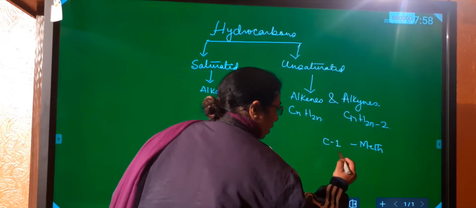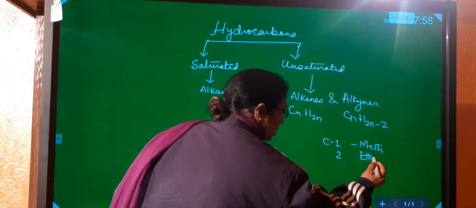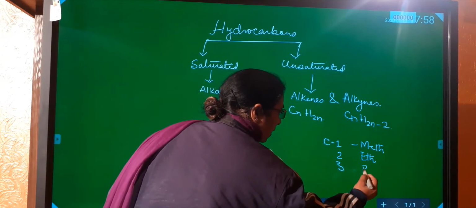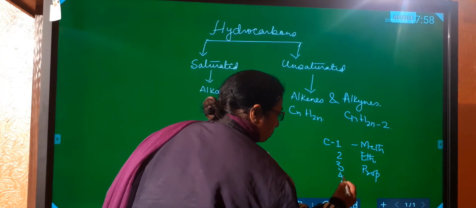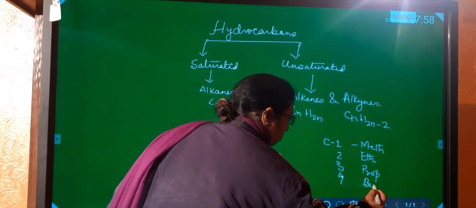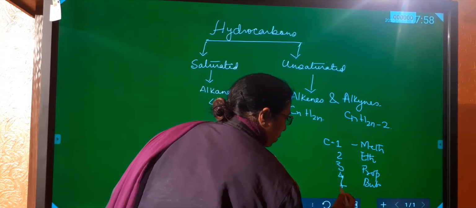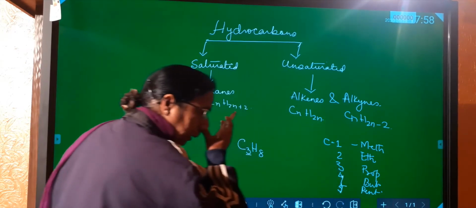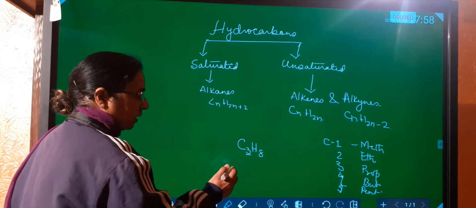When the number of carbon is 2, the root name becomes eth. When the number of carbon is 3, we call it prop. When the number of carbon is 4, we call it but. When the number of carbon is 5, we call it pent, and so on. So we'll be doing this in detail in the nomenclature of organic compounds.